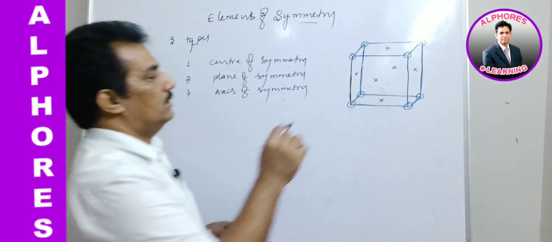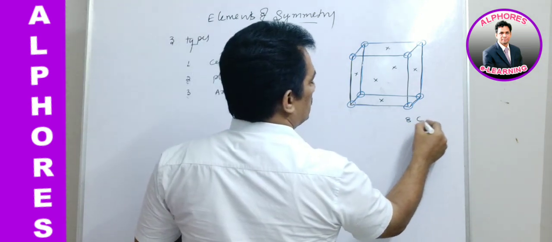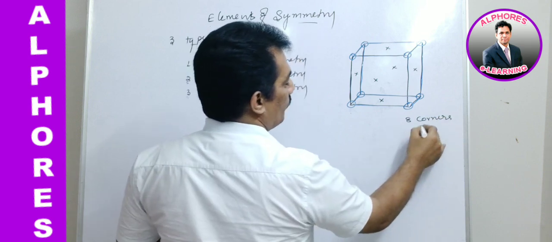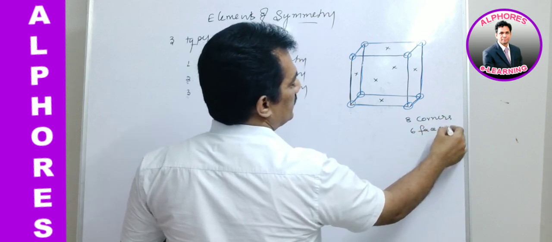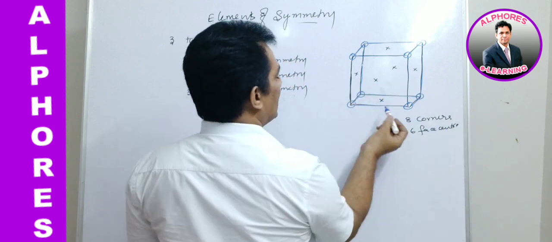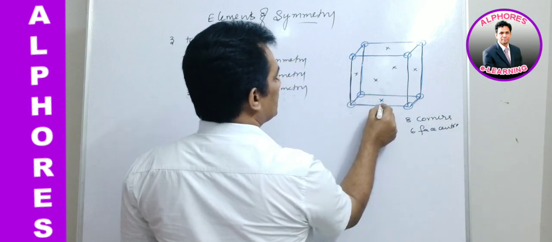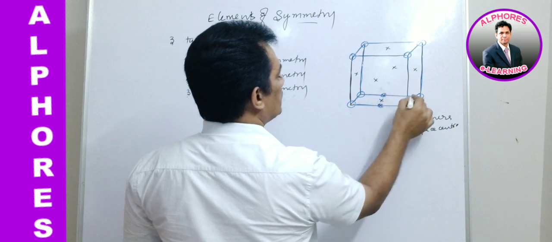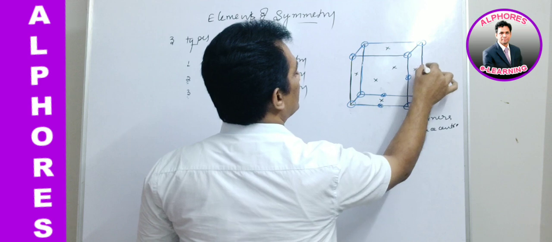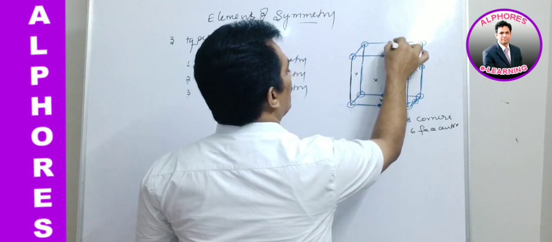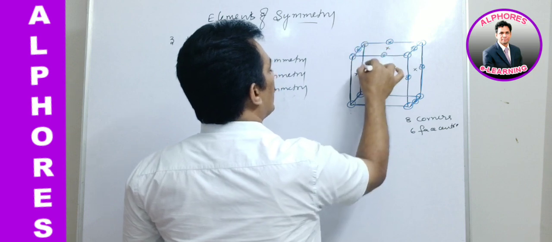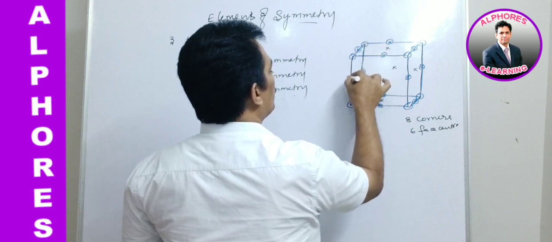Total 8 corners, just you remember, and 6 face centers, and then these are considered as edges. How many edges can you guess for a cube? Just observe this. How many? 12 edges you can find for any cube.